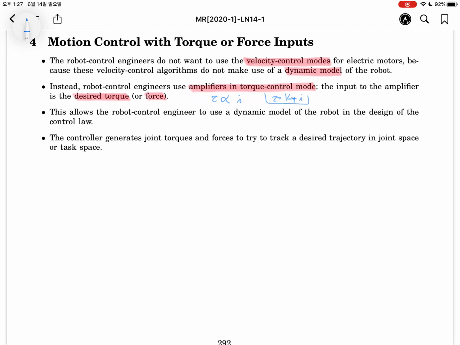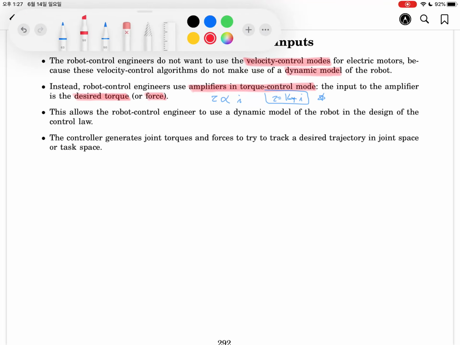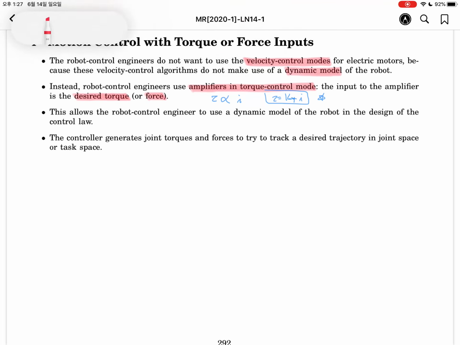It is driven by Fleming's left-hand rule. If you want more information, you can Google the keyword motor operation principle. This allows the robot control engineer to use the dynamic model of the robot in the design of a control law.